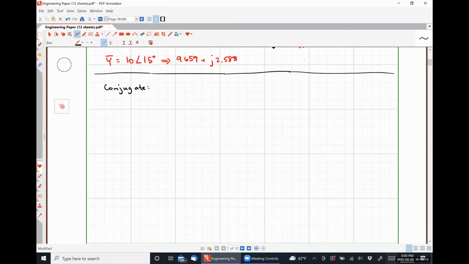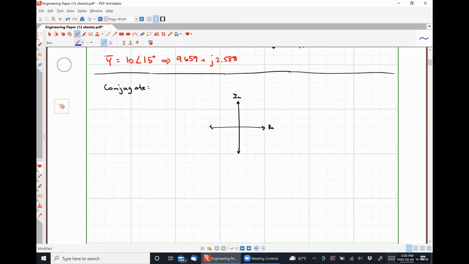So again, I'm going to draw my little complex plane here, where this is my real axis, and this is my imaginary axis.